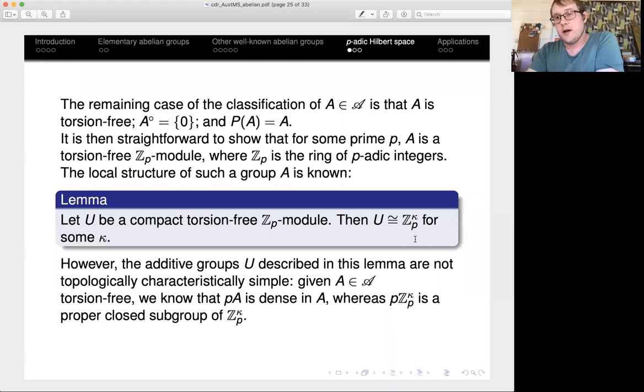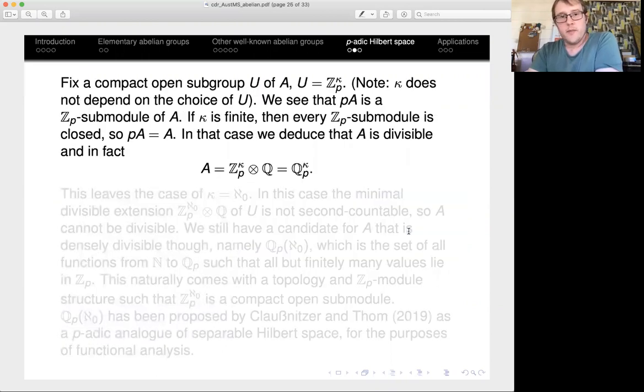But these things are not characteristically simple because you have P times the whole thing as a proper closed subgroup that's characteristic. This is not the answer, but we can go from here and build something by adding roots to this.